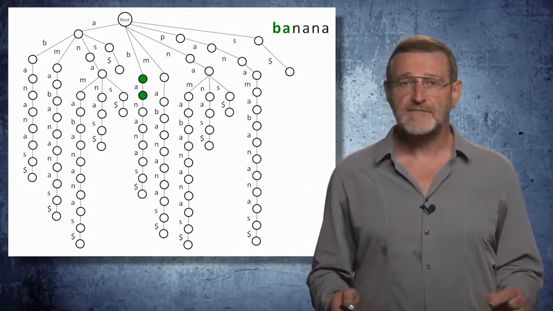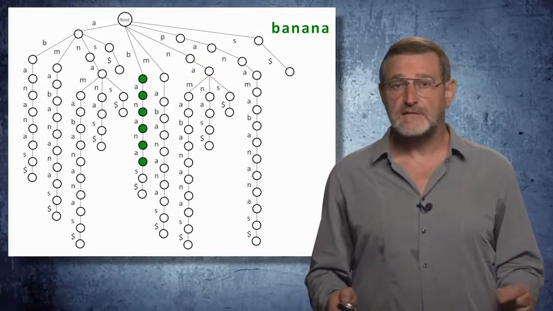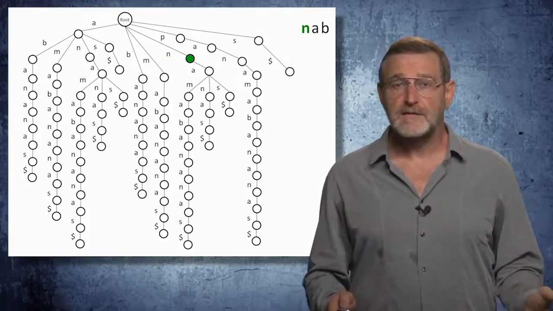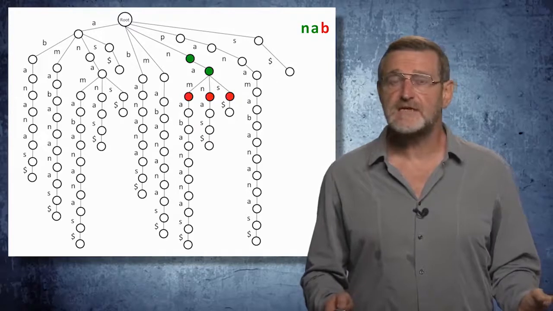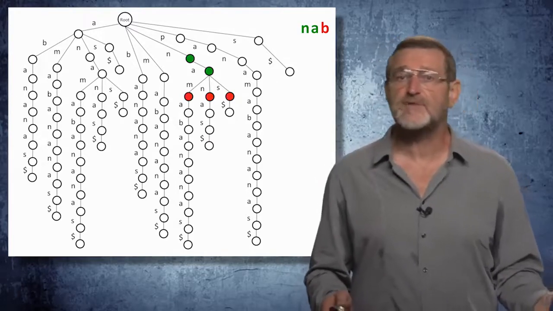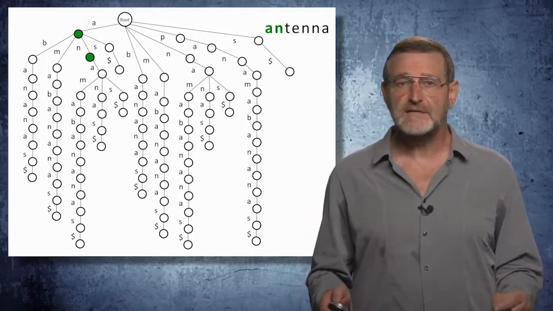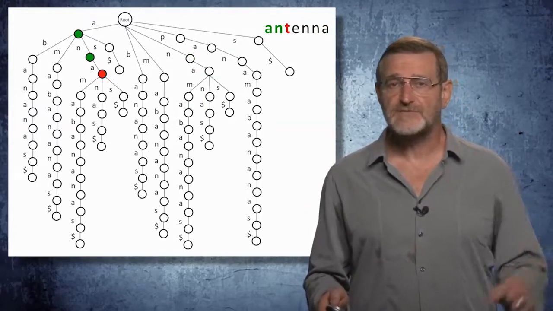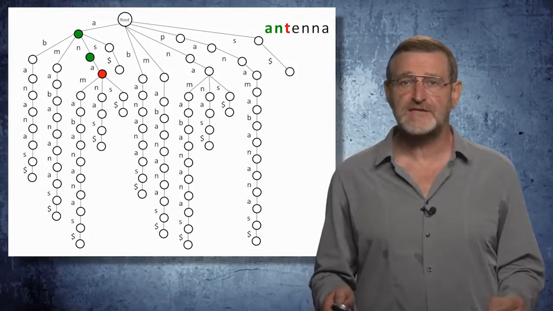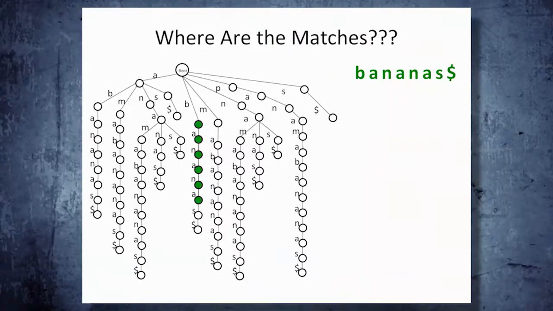With banana, it will go like this. We found banana. With knob, it goes like this. Unfortunately, we didn't find it because there is no continuation for B. Let's see for antenna, we go this way and finally have to stop because there is no match for T. So it looks like this suffix trie idea worked for us, but there is one important question we forgot to answer.